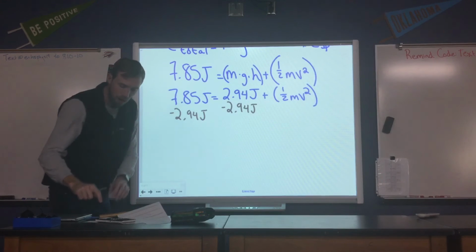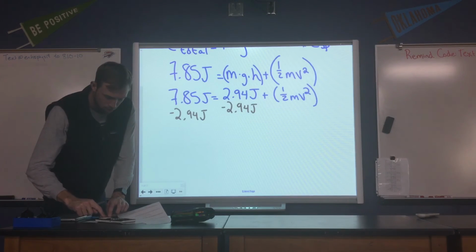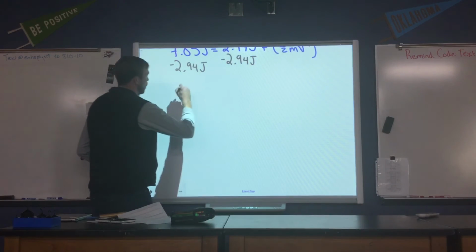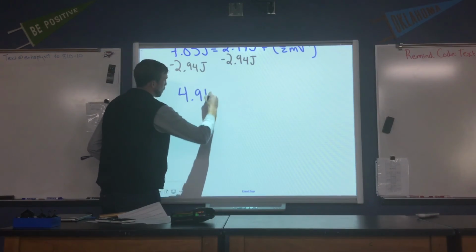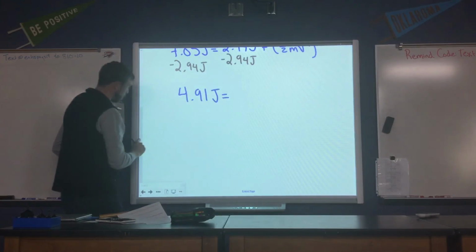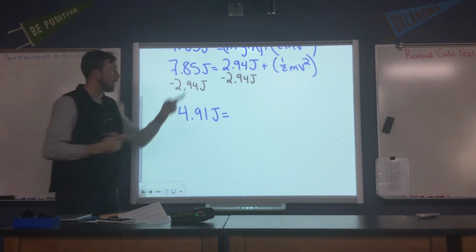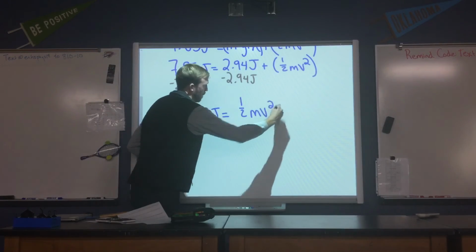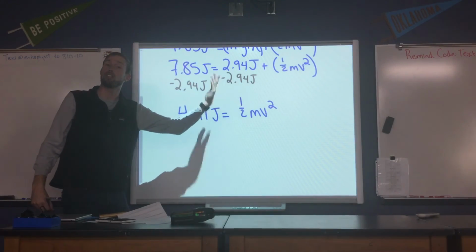So 7.85, subtract 2.94, I get a value of 4.91. Conceptually, that means 4.91 joules of our total energy here is equal to 1/2 mv squared, which means this is how much energy is considered kinetic energy.